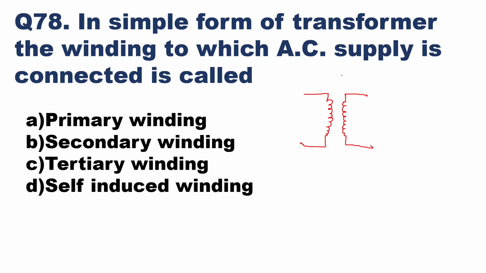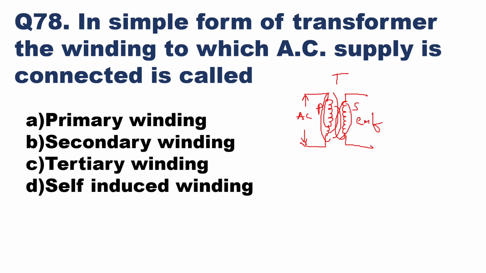So this is your transformer. Now AC supply is applied. If AC supply is connected to the primary winding, then this will produce magnetic flux, and that flux will be cut by the second coil. Mutual induction takes place. EMF is developed in the second coil, which is secondary.